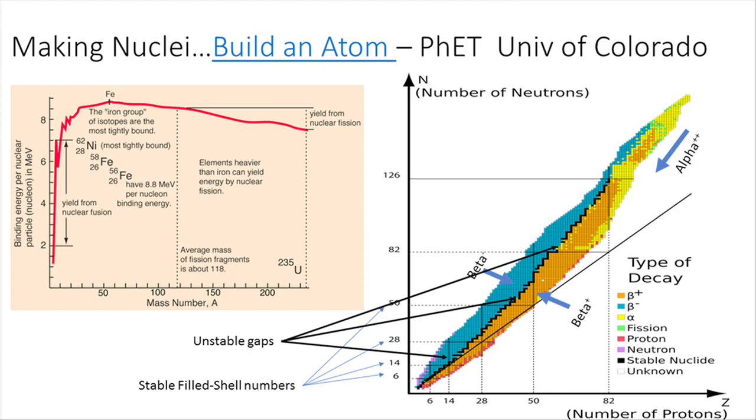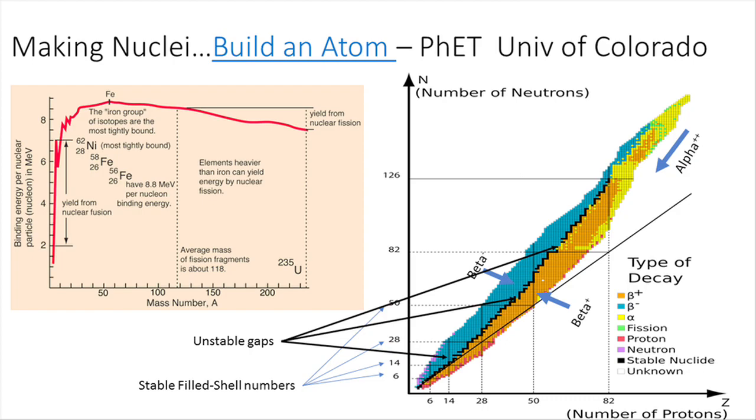And like with that, if you're away from that, you can get very reactive things. And if you look here, there are some gaps which are particularly unstable. You don't have any stable element with, whatever that is, 21 protons. And then if you have too many neutrons, what does it do?